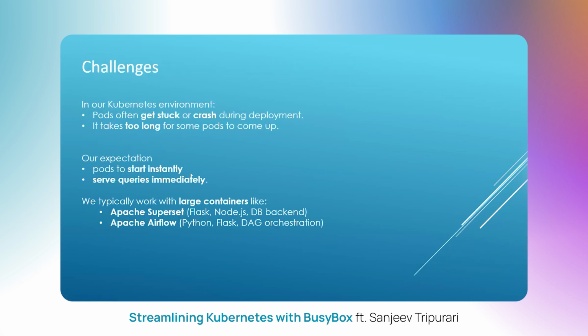Let me first get into the challenges we were facing. When we are deploying on the Kubernetes environment, it is mostly containers which we deploy. When we talk about containers, we look at very small sizes, and we expect that the containers should come up easily and start serving.